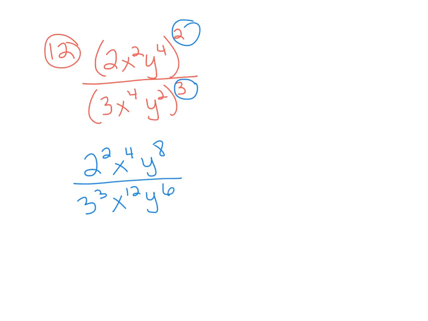All right, so now I'm ready to start canceling. So I would change this 2 squared to a 4. 3 times 3 times 3, 27. Can I cancel 4 over 27? No. All right, so that just stays. There will be times where they will cancel, and we'll have some of those. All right, so look at the x, 4 and 12.